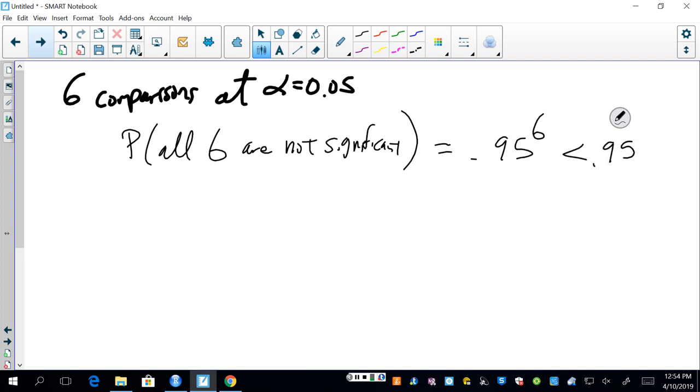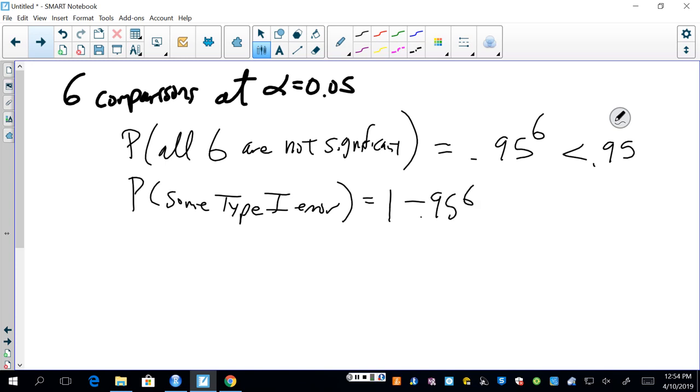Now, it's not exactly that. They're not really independent because different means would be involved in those other things. But it's just less. If it were independent, you just take 95% chance of not having something significant, and so on. So 1 minus that, the probability of some type 1 error, should be greater than 5%. So you have a bigger chance of making an incorrect choice there.